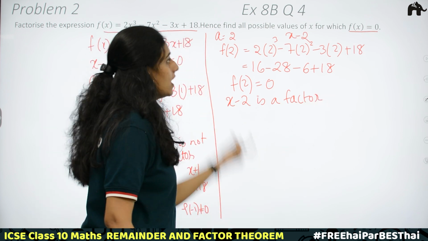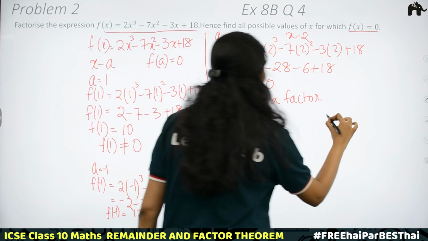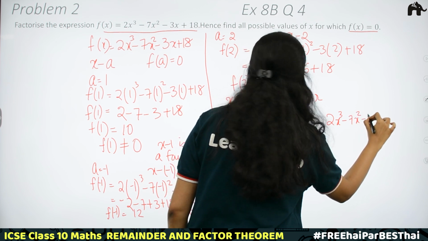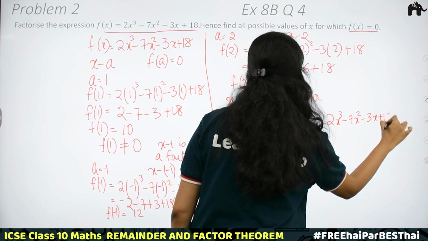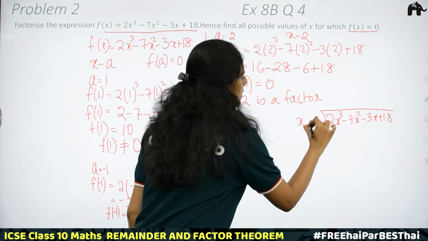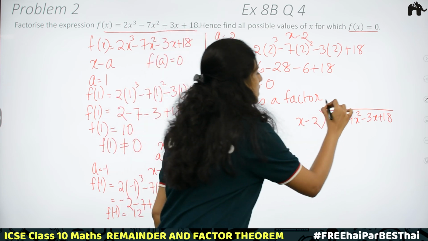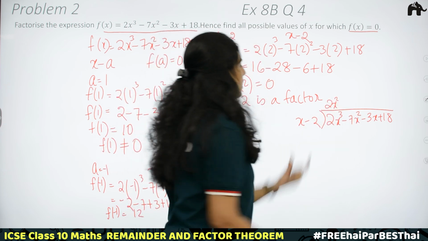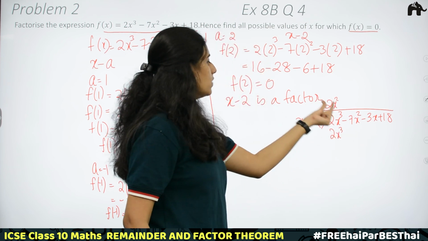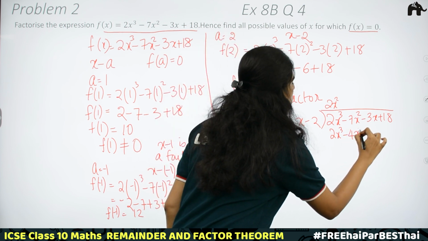If we get one factor, we can find the remaining factors. Here the expression is 2x cube minus 7x square minus 3x plus 18. We are performing the long division with the factor x minus 2. To get 2x cube, x is multiplied with 2x square. 2x square into x is 2x cube. 2x square into minus 2 is minus 4x square.